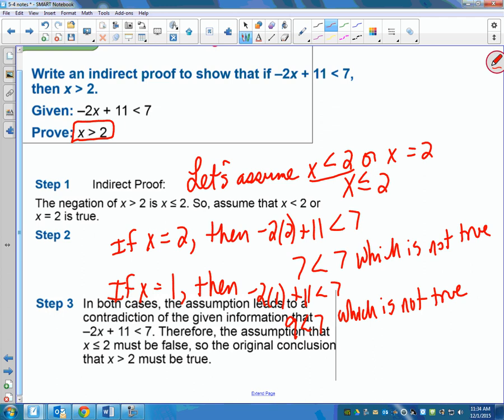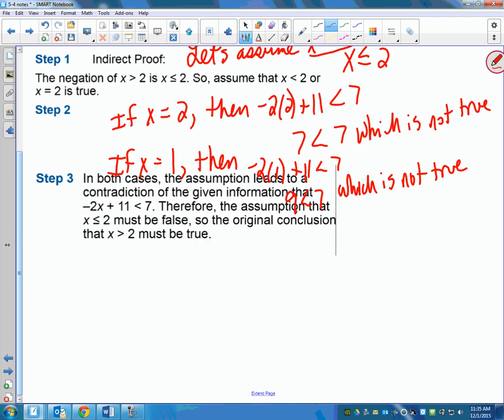But the book says, in both cases, the assumption leads to a contradiction of the given information that negative 2x plus 11 is less than 7. Therefore, x is less than or equal to 2 must be false, so x is greater than 2 must be true. I would write this if this was me.